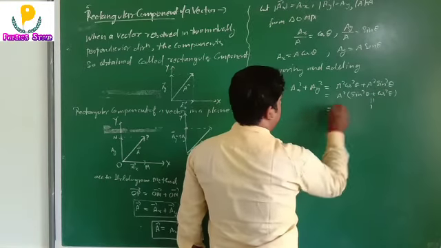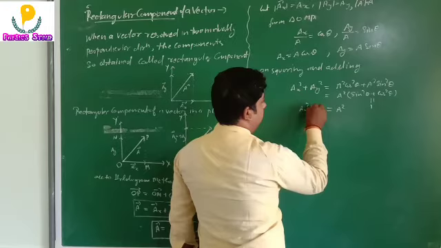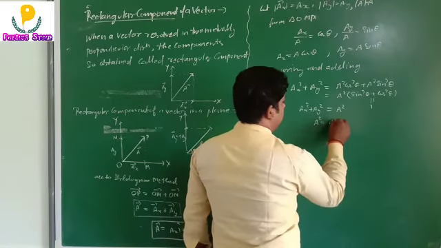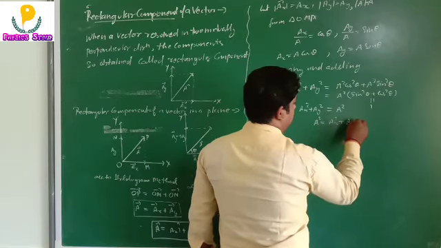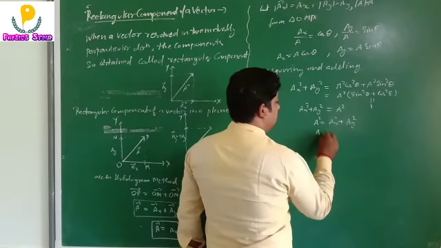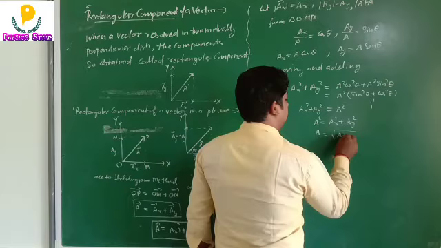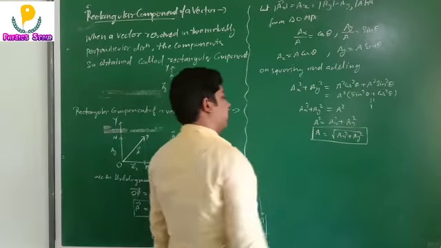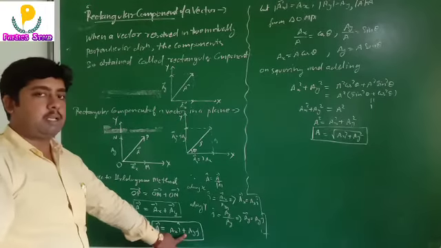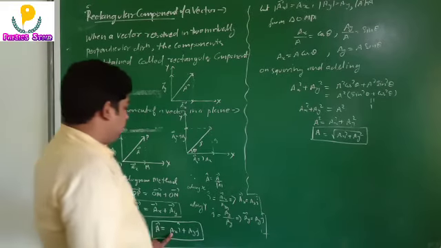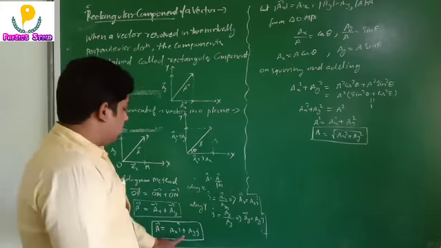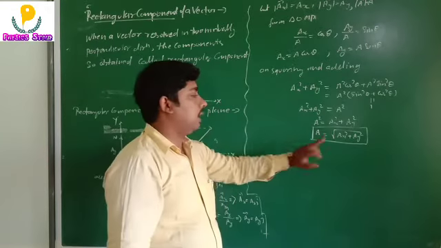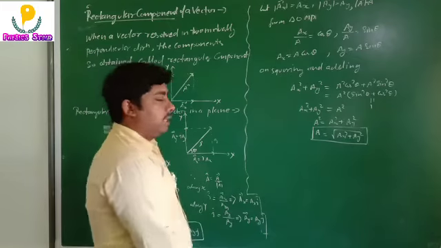So a square is equal to ax square plus ay square, so a is equal to under root ax square plus ay square. This is the magnitude of the vector a given in rectangular component form. By putting the values of ax and ay, we can calculate the magnitude of vector a.